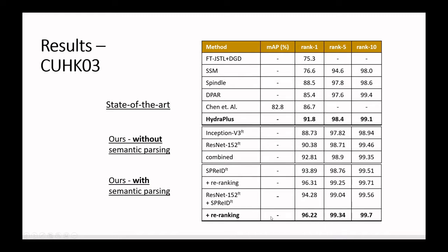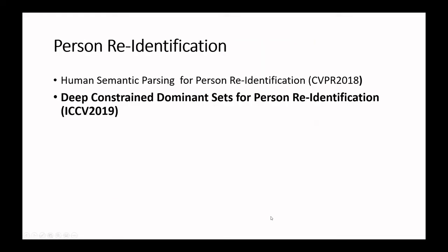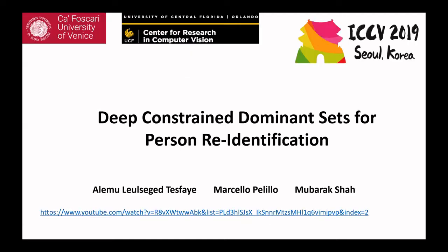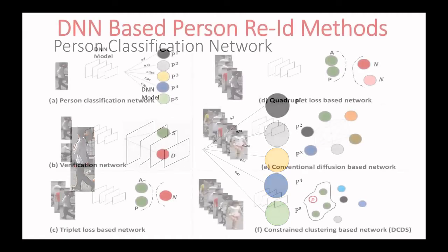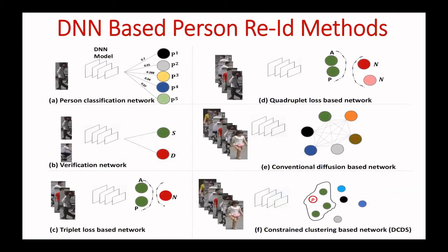This is our method. Now this is a very active area of research, and we had a paper in 2018. We have another paper in 2019, which does even better. As you see, we talked about this simple classification network, but there are many different ways to actually learn these features.